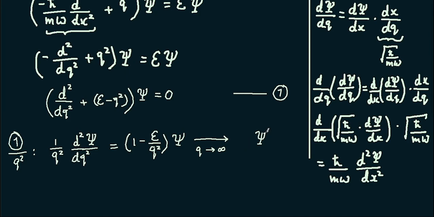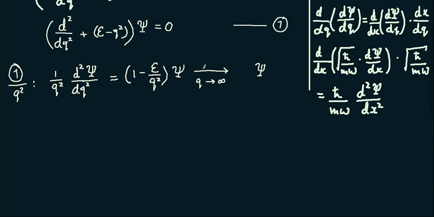So now we have established a relation between the second derivative of the wave function and the wave function itself. When we have a relation between a function and its derivative, this should automatically get us thinking about exponential functions. We know that exponential functions are such functions where there is a clear relation between the function and its derivative. So a reasonable thing to do at this point would be to try out different values for ψ of q.